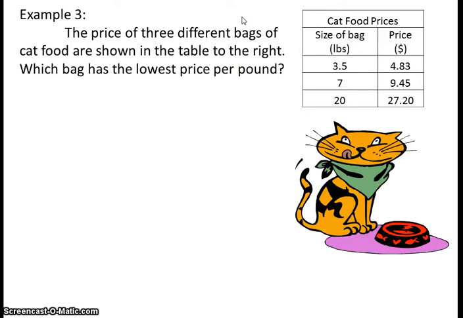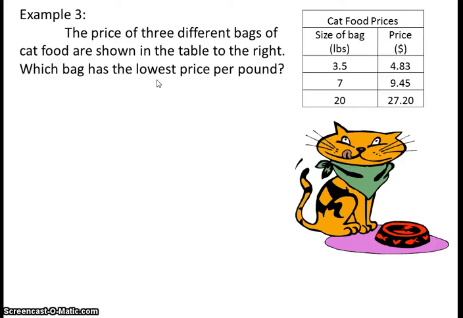We've got 3 different bags of cat food, all different sizes: 3.5 pounds, 7 pounds, and this big 20 pounds, with the price per bag over here. We have to compare, as the old saying goes, apples to apples. So we need to get everything in a unit rate to find out the cost per pound, and then we know which is the better deal.